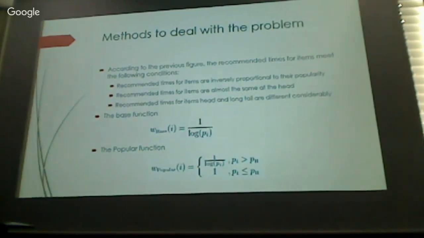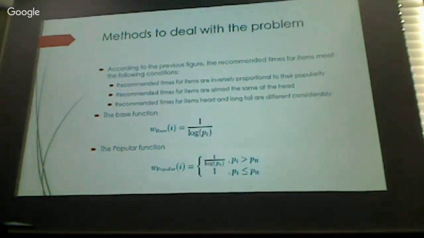As you can see, pH represents the minimal popularity of the head set. If the items have a degree of popularity above the pH, then the popularity of the item is adjusted, so it will be less popular than it is. Whereas if it's less than the pH, then the function doesn't change, so it's just 1.